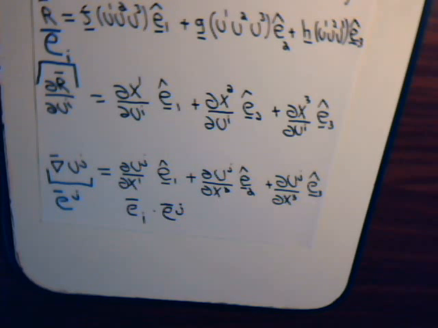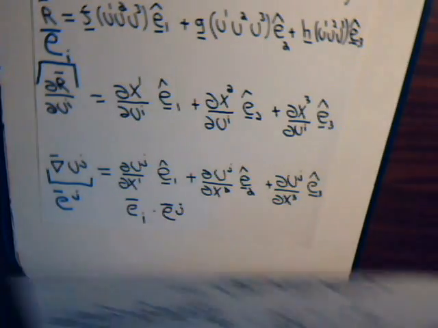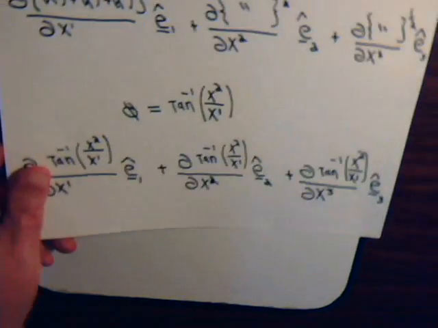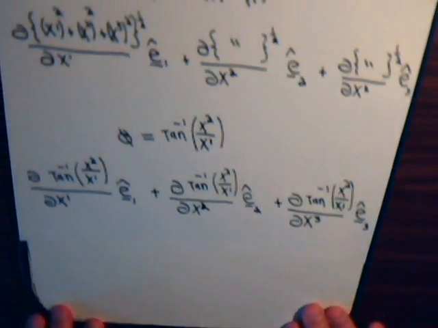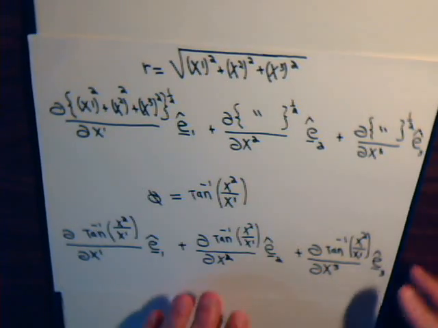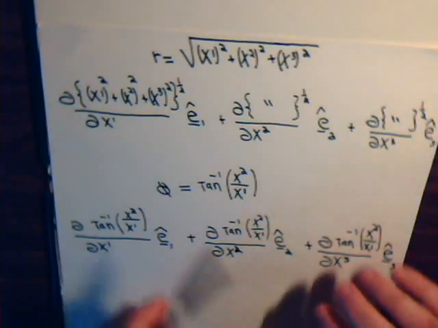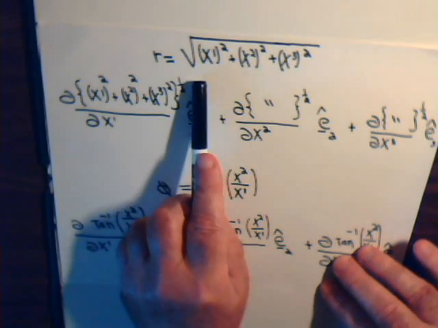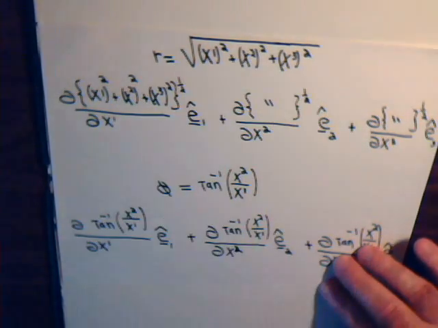Again, to give us a specific example, let's take the spherical coordinates, where one of the spherical coordinates is the magnitude of the position vector. This is how it's expressed in terms of the Cartesian coordinates.